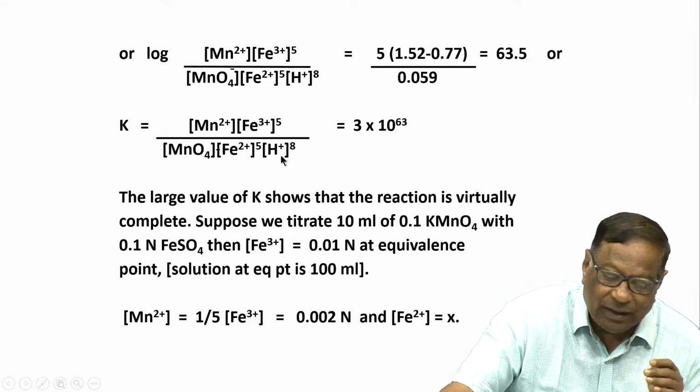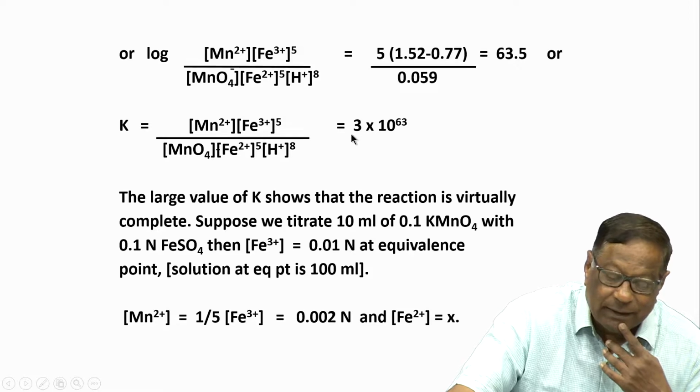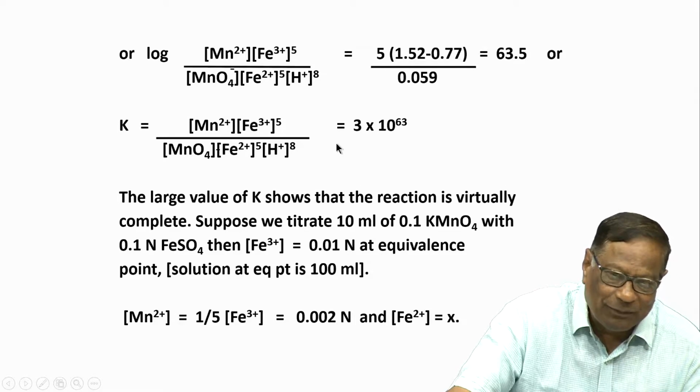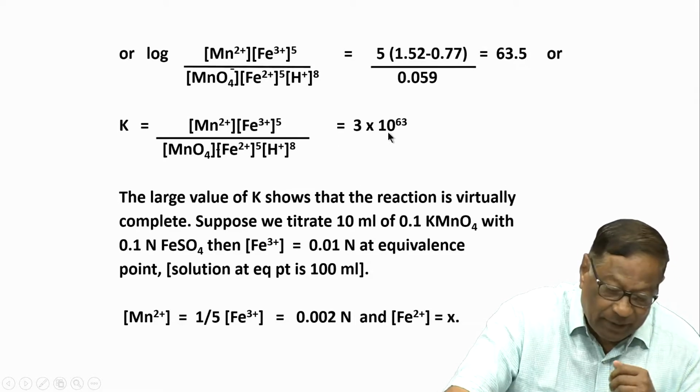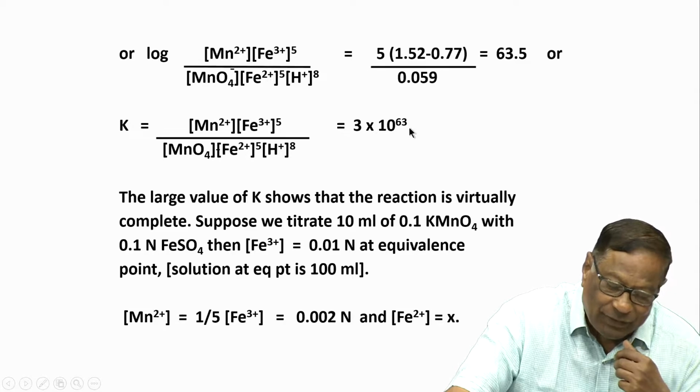So, there are 3 species, a complicated reaction. Again, what is the K value? K value is 3 into 10 raised to 63.